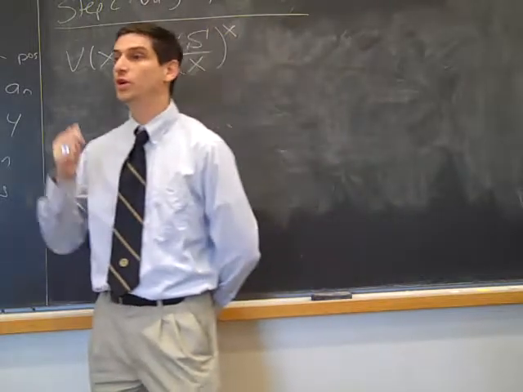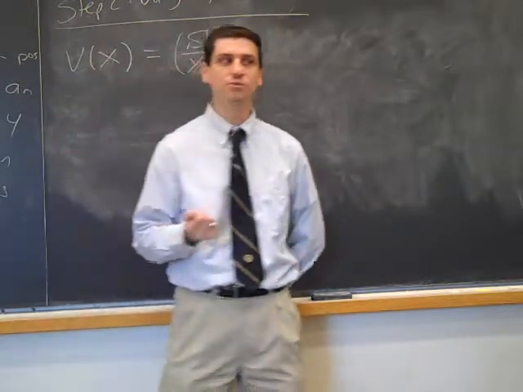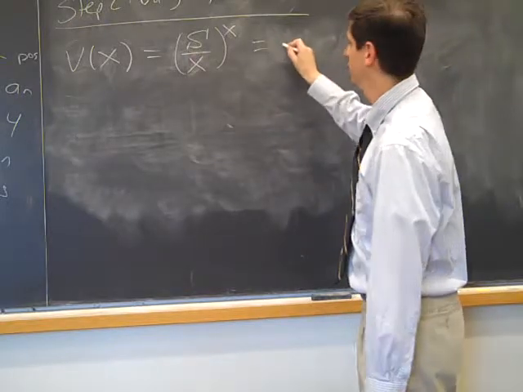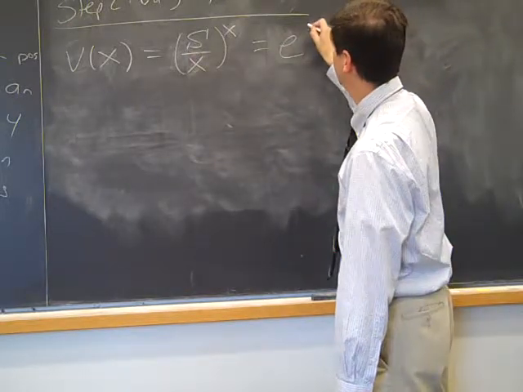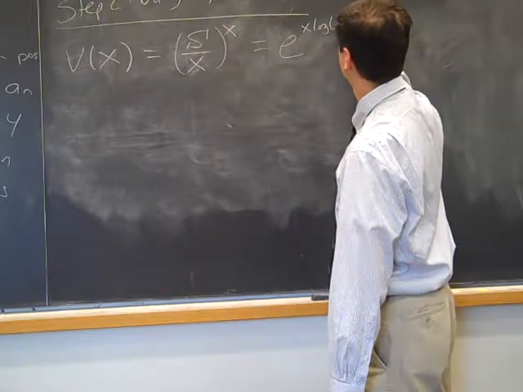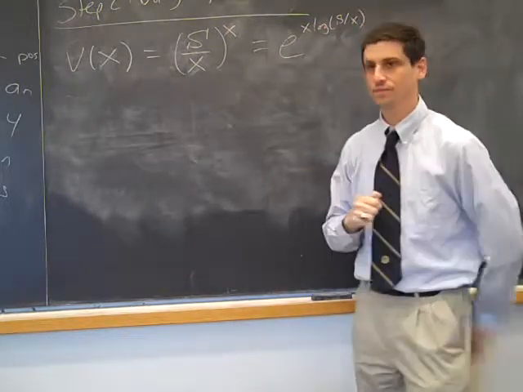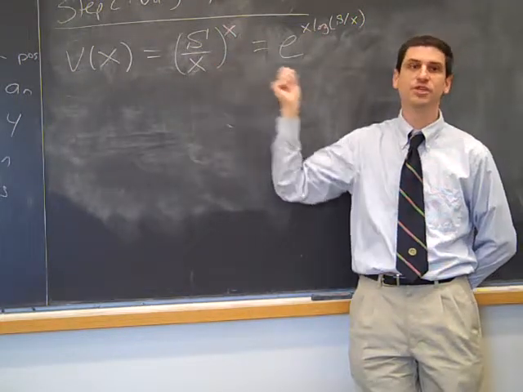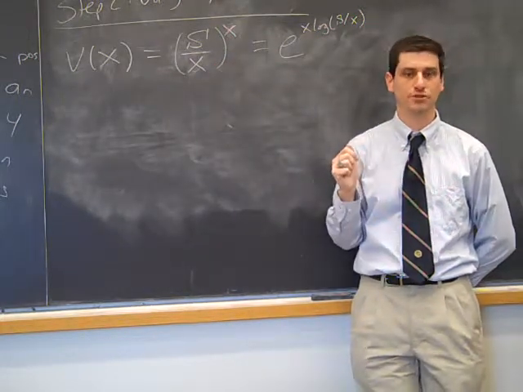You do logs. Whenever you see a product, take logarithms. Or you could convert this to an exponential, and you could say this is e to the x natural log of s over x. Or instead of trying to maximize this function, I could try to maximize the log of the function.